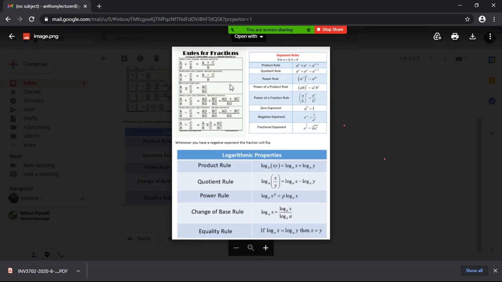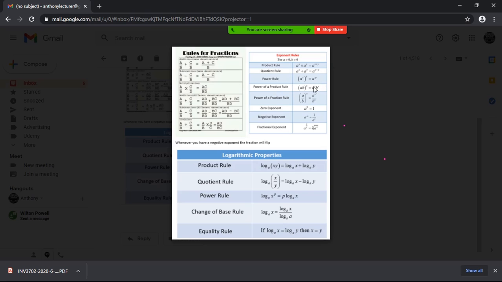These are normal fraction rules. Here are the exponent rules. There's the product rule, a to the x times a to the y gives a to the x plus y. Then the quotient rule, a to the x divided by a to the y gives a to the x minus y. There's the power rule, a to the x raised by y gives a to the xy. Yes, these are good.